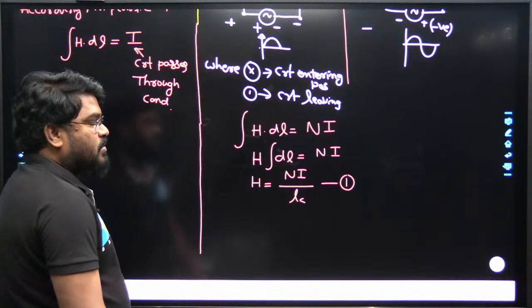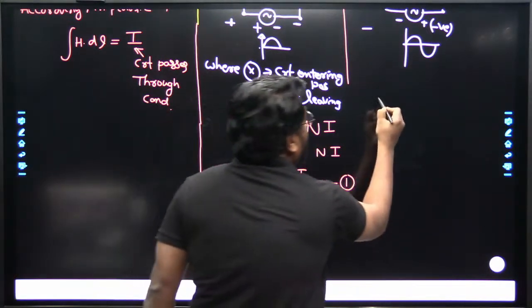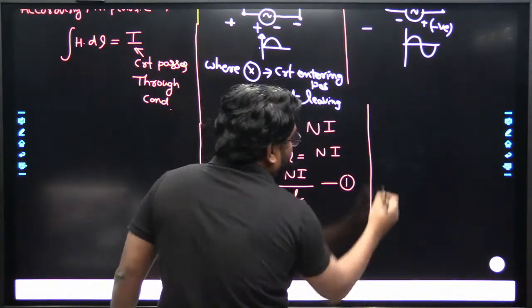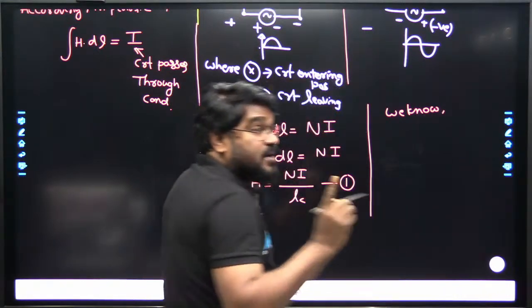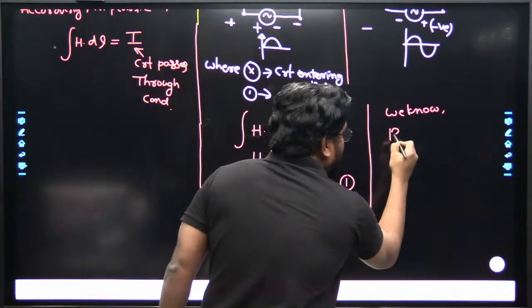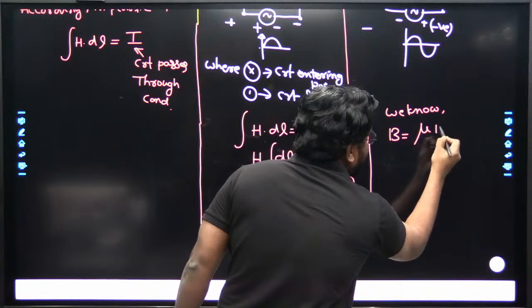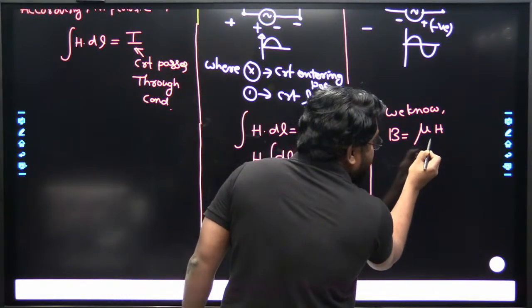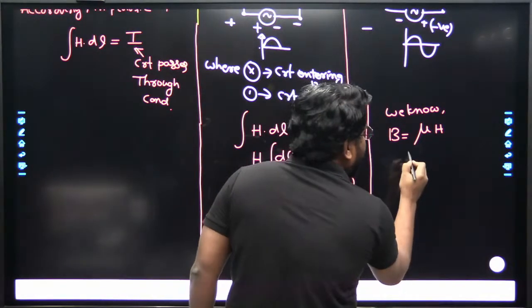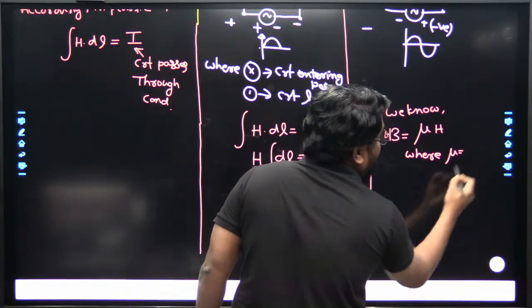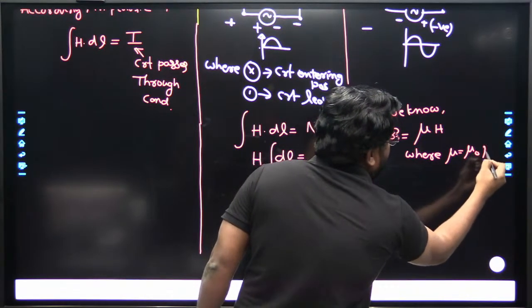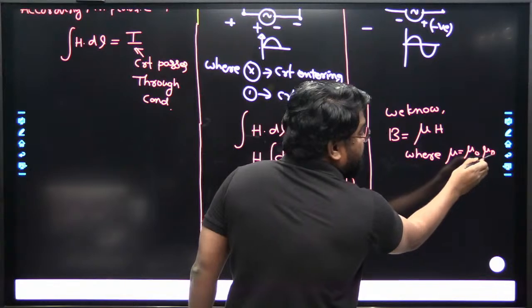Now we know that B is equal to mu H, where mu is the permeability of the core, equal to mu naught times mu r, the permeability of free space and the relative permeability.